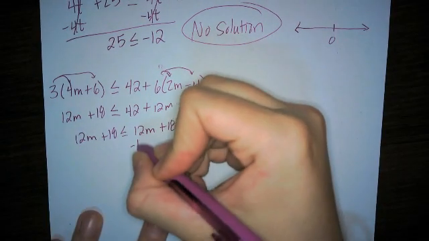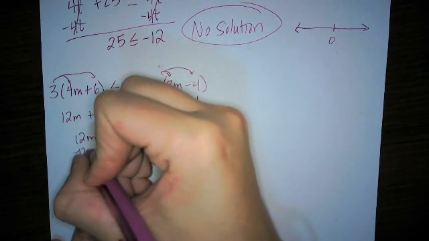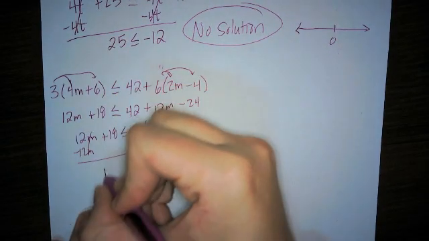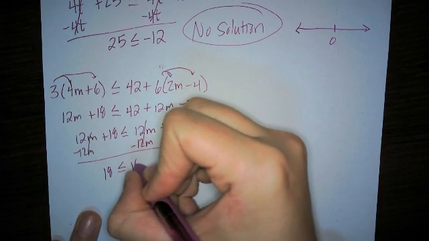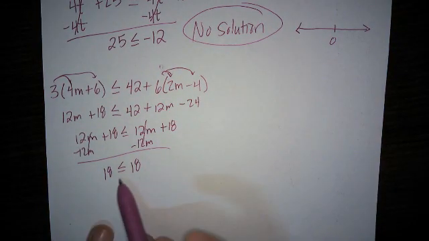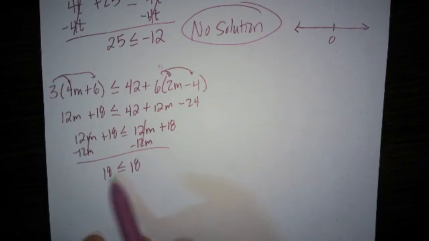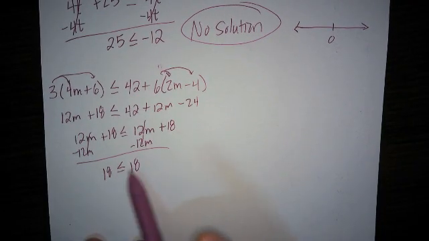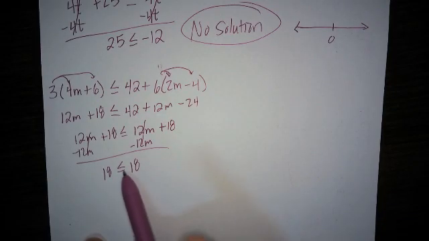Again, if we were to subtract 12m, it's going to give me 18 is less than or equal to 18. Again, variables cancel, so we are left with this statement. This statement is true. 18 is less than or equal to 18 because they are equal. That 'or equal to' matters here.